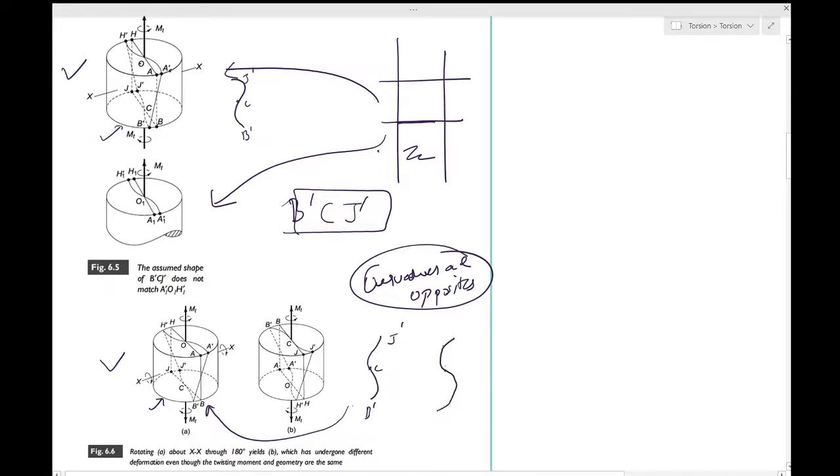So the bottom would look like this, and this, if you see, is the same as A'OH'. Bulge going up, bulge going down.